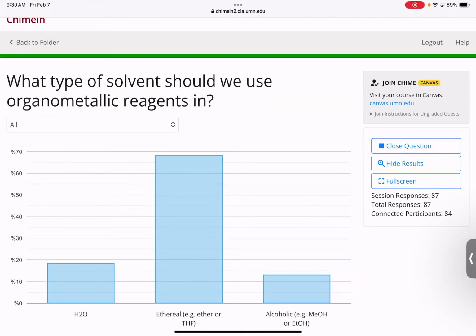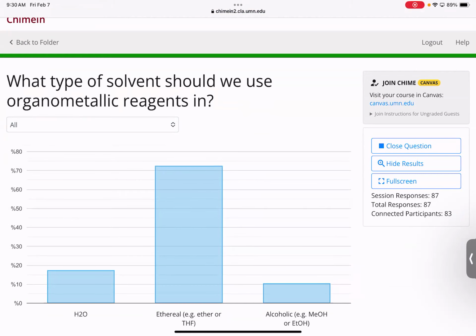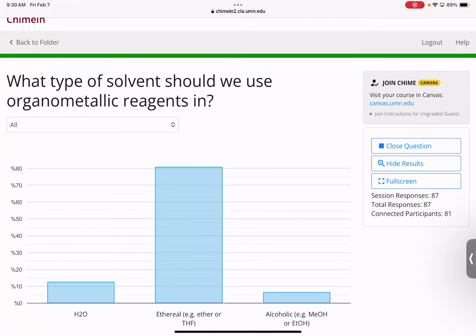But if we're going to run a different type of reaction, like forming our Grignard reagent or using it as a nucleophile, and we were to add it into the alcohol solvent or the water solvent, it would just deprotonate those things, and then we wouldn't be able to do any other types of reactions. So it turns out you'll catch on fire if you use water or alcohol.